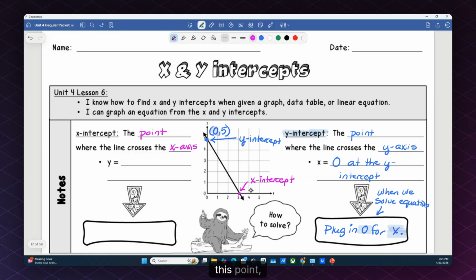If we wrote this point out, it is going to be (3, 0). Notice what is 0 this time: the 0 is the y value. That's important to know. So y is going to equal 0 at the x-intercept.